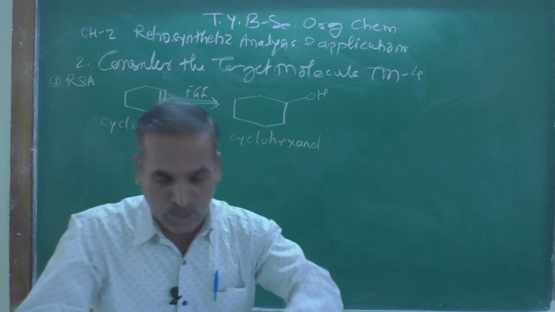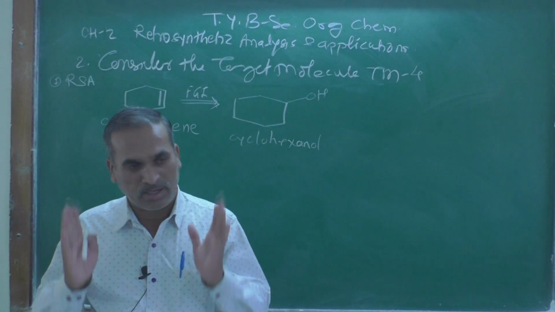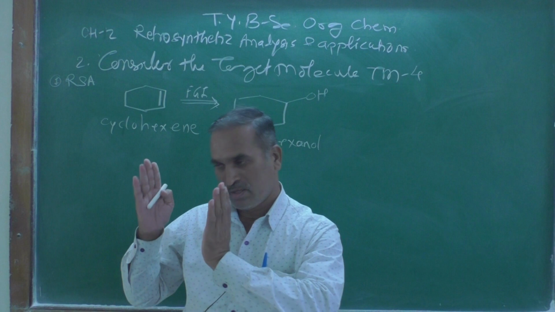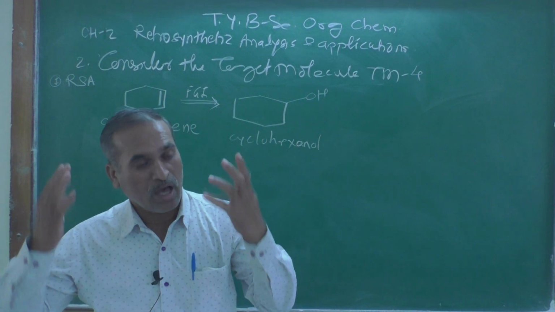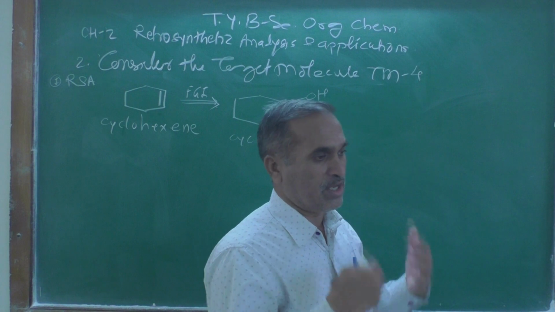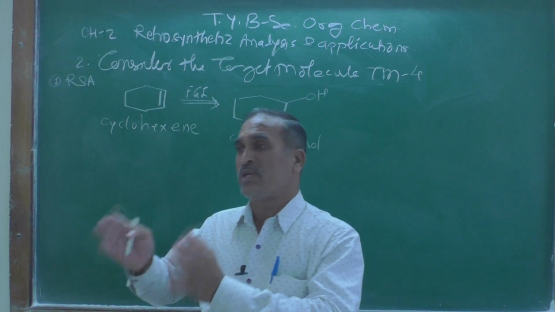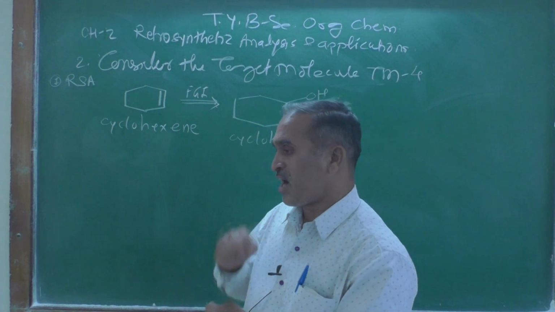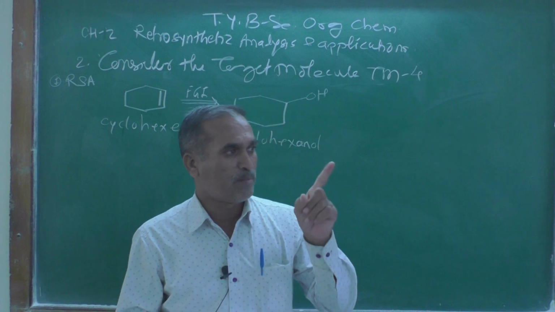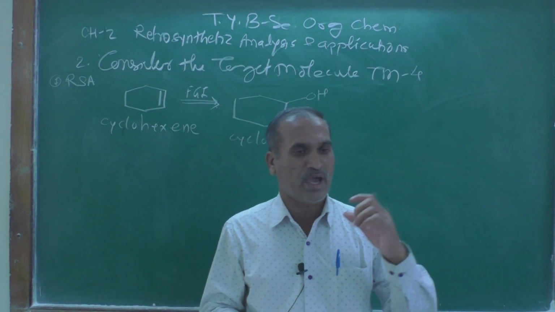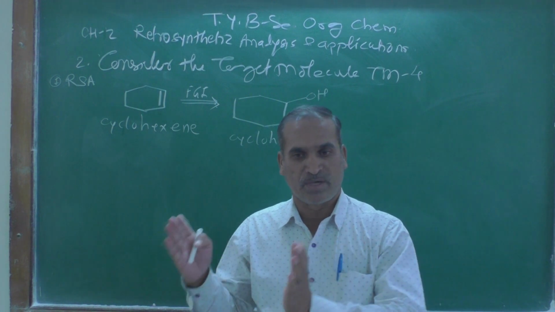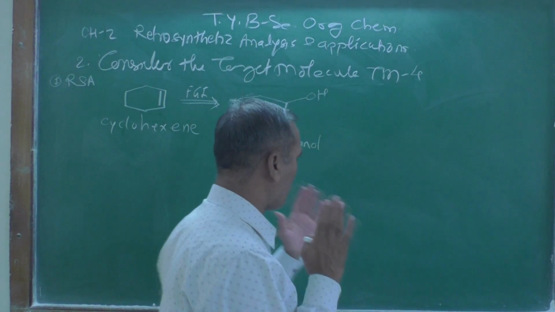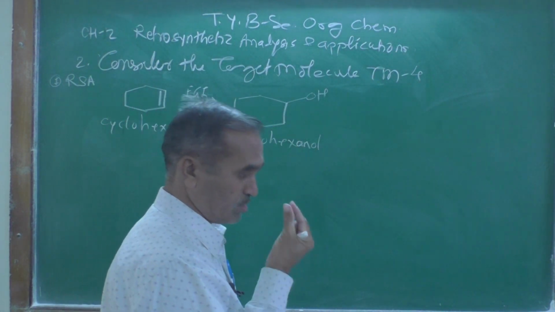And once you got the alcohol, as I have already told you, remember whatever alcohols you are getting, whether it is primary, secondary or tertiary, we can prepare that alcohol using the Grignard's reagent. Grignard's reagent is a very good reagent. By using that Grignard's reagent, we can prepare different types of alcohol, maybe primary alcohol, secondary alcohol or tertiary alcohol, and that's why it is a versatile synthon.